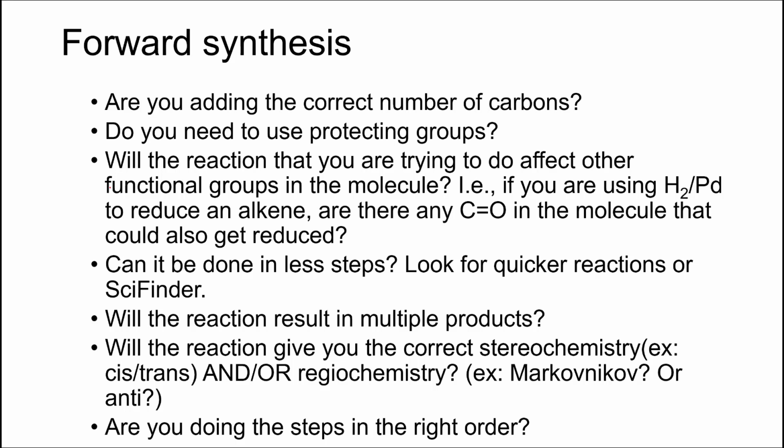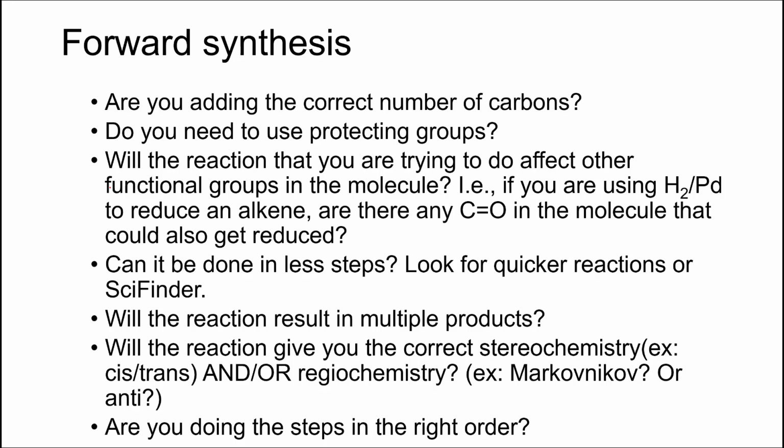Can your reaction be done in fewer steps than you have it? We've already seen this in the more recent chapters, where we can put pieces together more quickly than we did using just Chem 225 or Organic 1 reactions. So look for quick reactions, or even use SciFinder to see if you can cut out a lot more steps. Is your reaction going to result in multiple products? If it is, is there a way to avoid it?